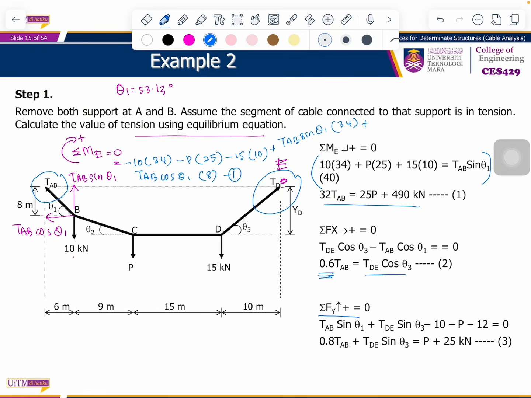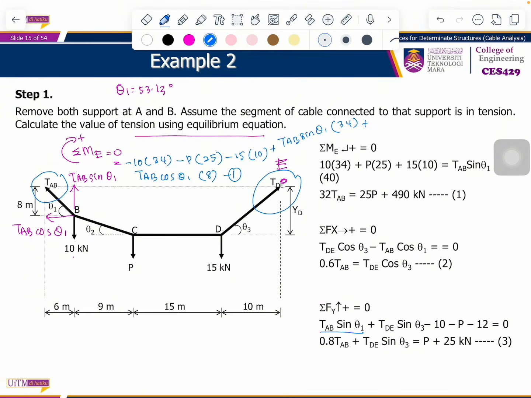Next we use the vertical equilibrium equation. Based on this, we can make another equation.